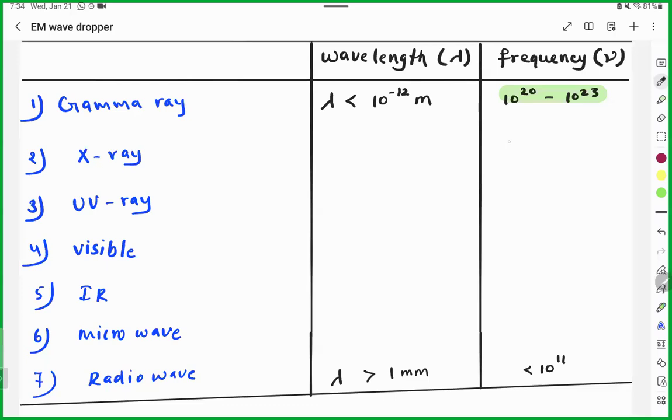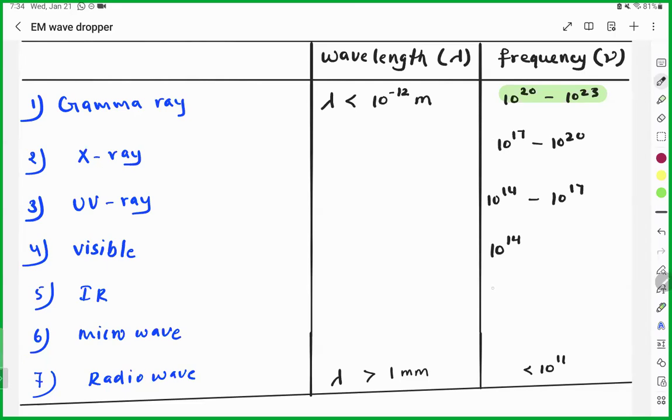Next one, 3 less, will be 17 to 10 raised to power 20. Next will be 10 raised to power 14 to 10 raised to power 17. Here visible is very popular, around 10 raised to power 14 hertz. Correct?